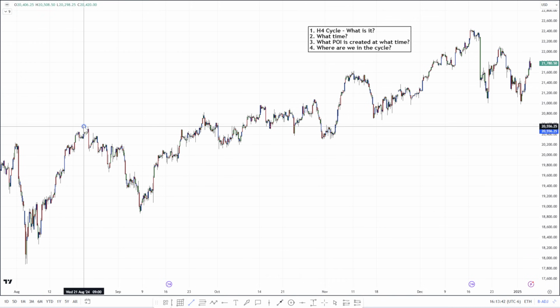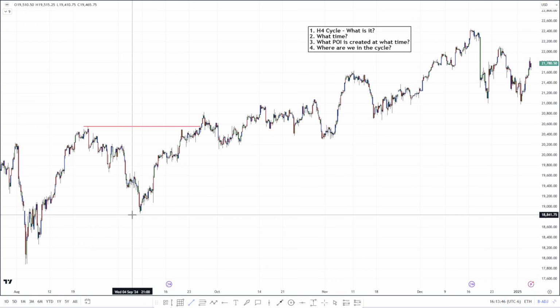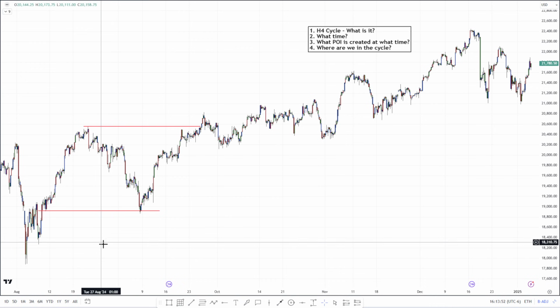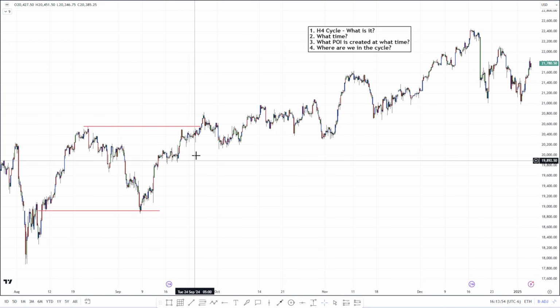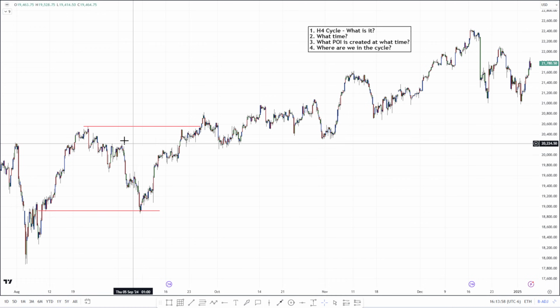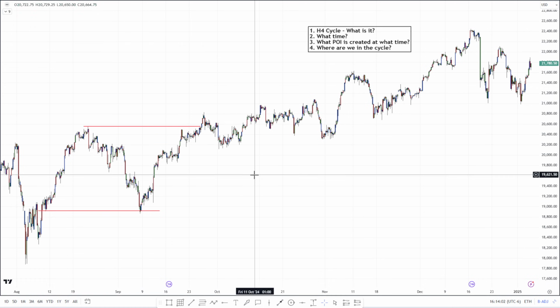And we could just go ahead and mark these out and see where like these cycles happen. This is a broader over a couple day cycle. And then we have like 2 day cycles.